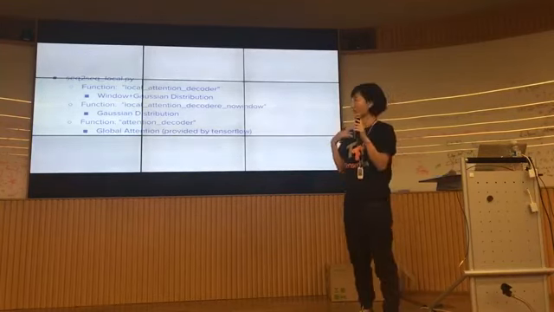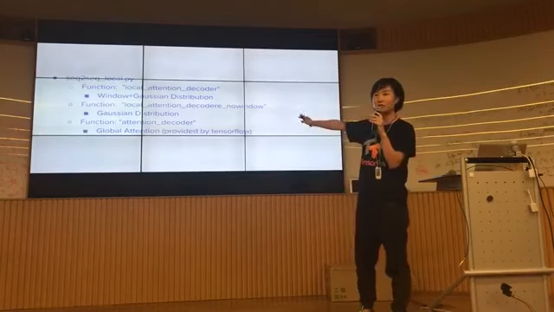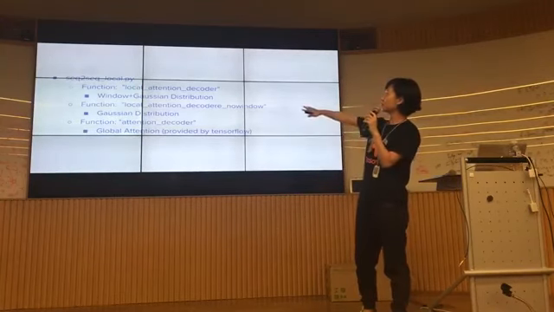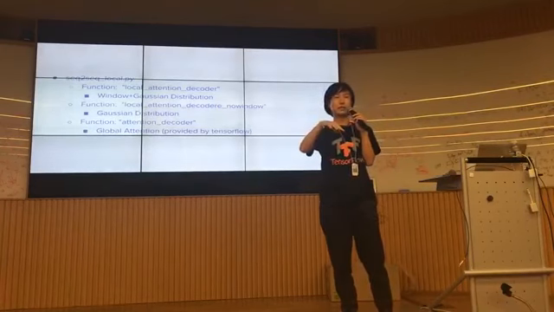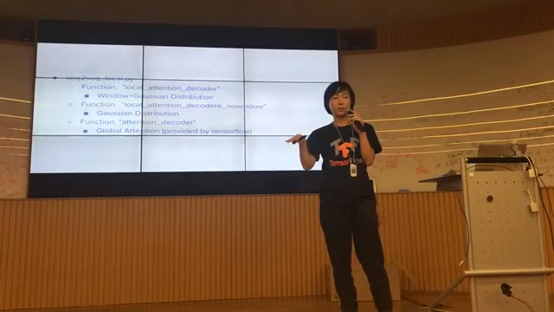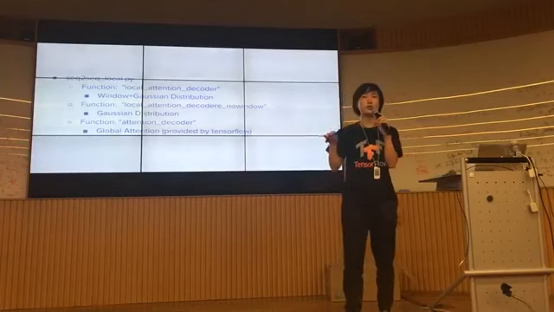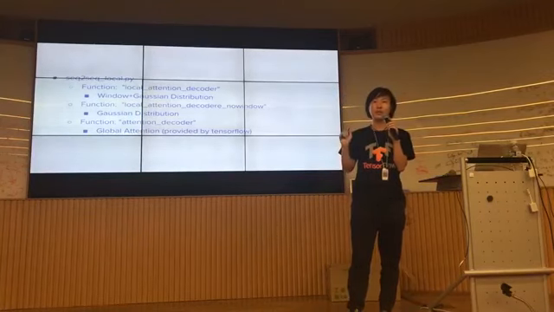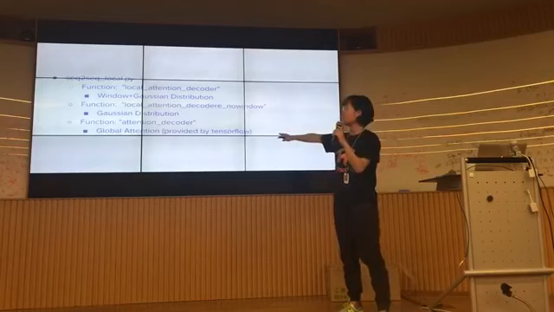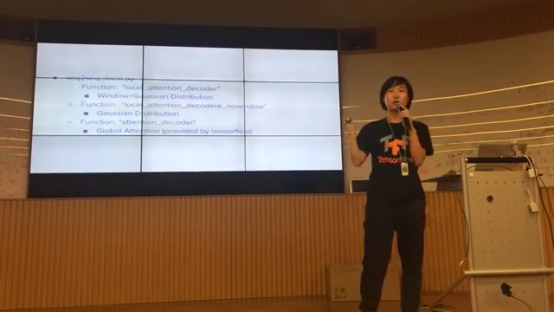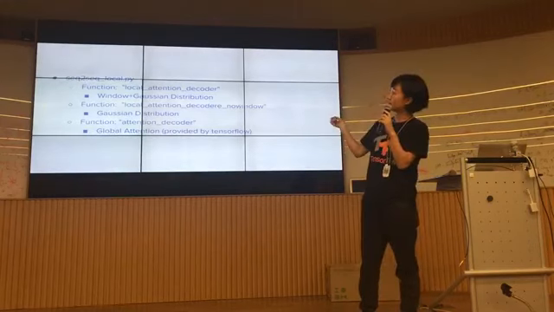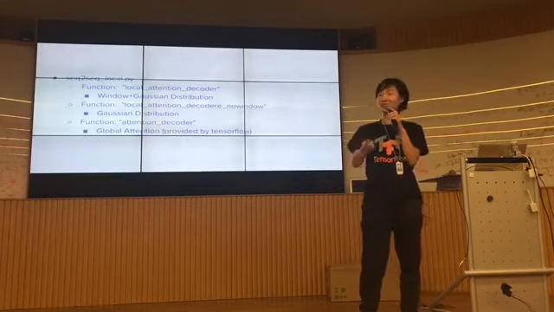So I implemented another function named local attention decoder no window. In this function, I just predict the position PT and calculate the new align weights by considering the Gaussian distribution, but without setting the window. And the last one, the attention decoder, is just the global attention provided by TensorFlow. So this is this file.